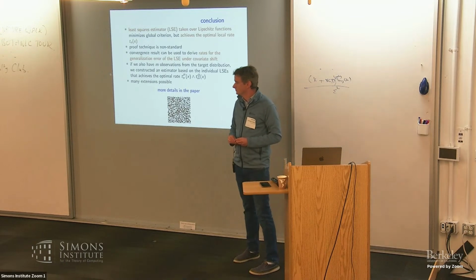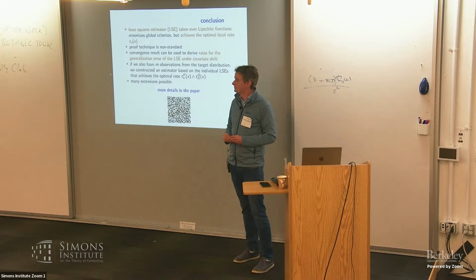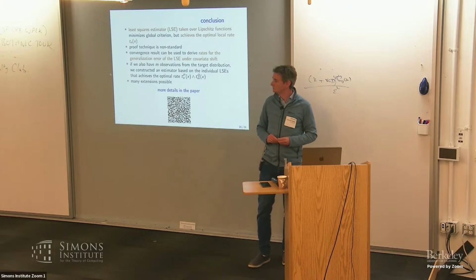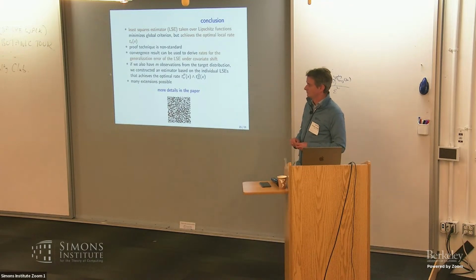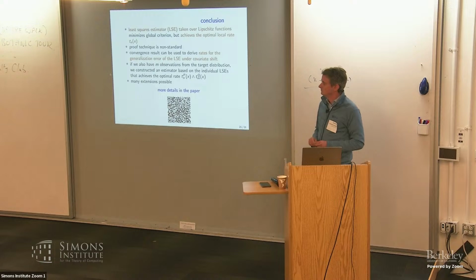Yeah, can I ask one quick question? The risk in the end, when you're bounding the target risk, this is still the integrated L2 squared risk, right? And so presumably that's why you were bounding the pointwise risk on the source, right?